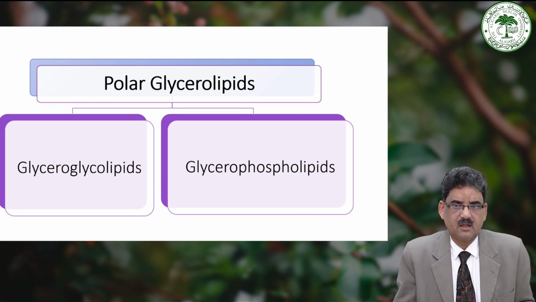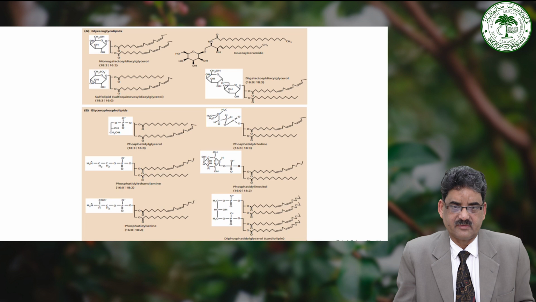So, polar glycerolipids are divided into two main categories. The first one is glyceroglycolipids, where the head group is comprised of sugars, and another one is glycerophospholipids, that is characterized by a head group containing phosphate.